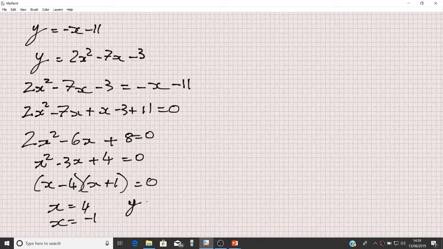So y equals, easiest to sub it into the line, y equals negative 4, negative 11, equals negative 15. So the first point has coordinates 4, negative 15.